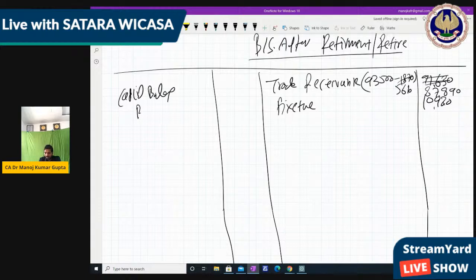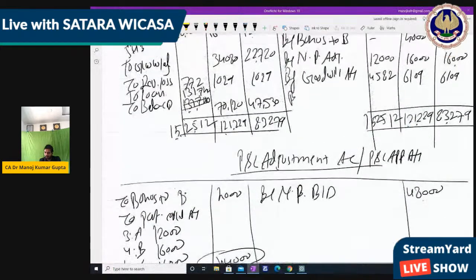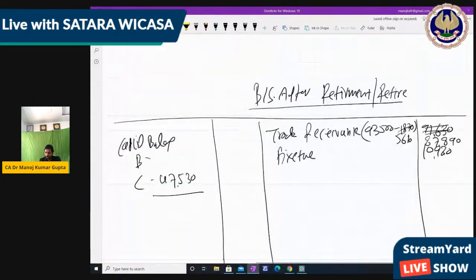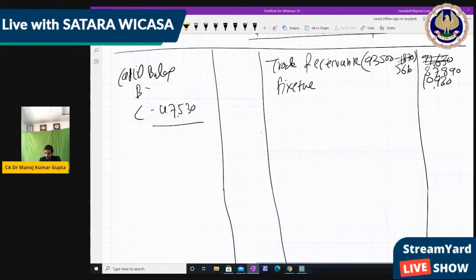Capital balance: B, 47,530, and C, 70,120. Right, 70,000. This comes to 1,17,650.